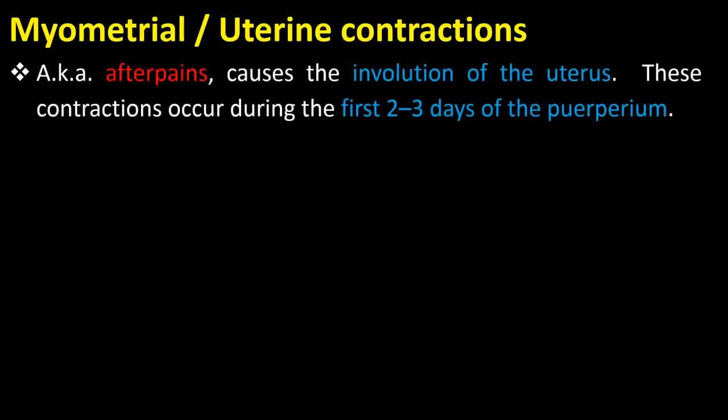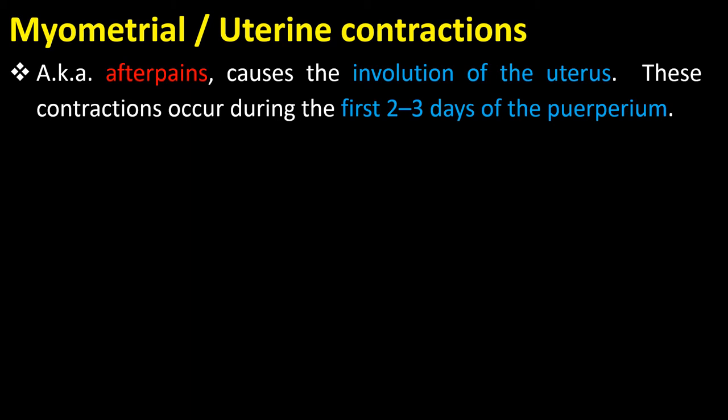So before the uterus can involute to its normal size and shape, there should be the presence of myometrial or uterine contractions. In simple terms, these are called after pains. And these contractions are the ones which cause the involution of the uterus, or they cause the return of the uterus to its normal size.